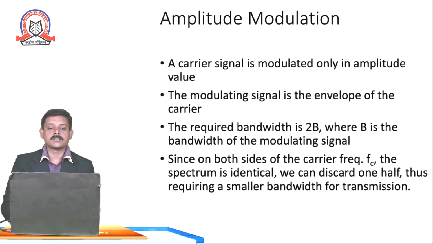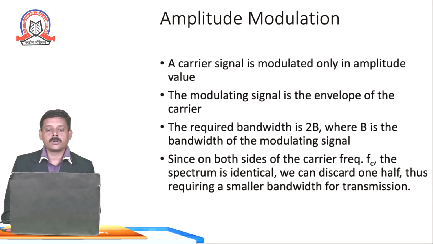Let's discuss amplitude modulation. In amplitude modulation, a carrier signal is modulated only in amplitude value, and the modulating signal is the envelope of the carrier.